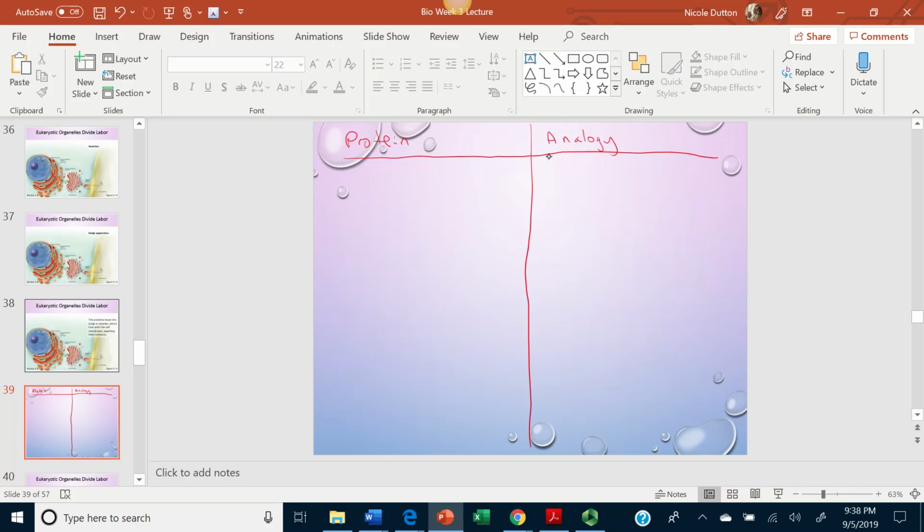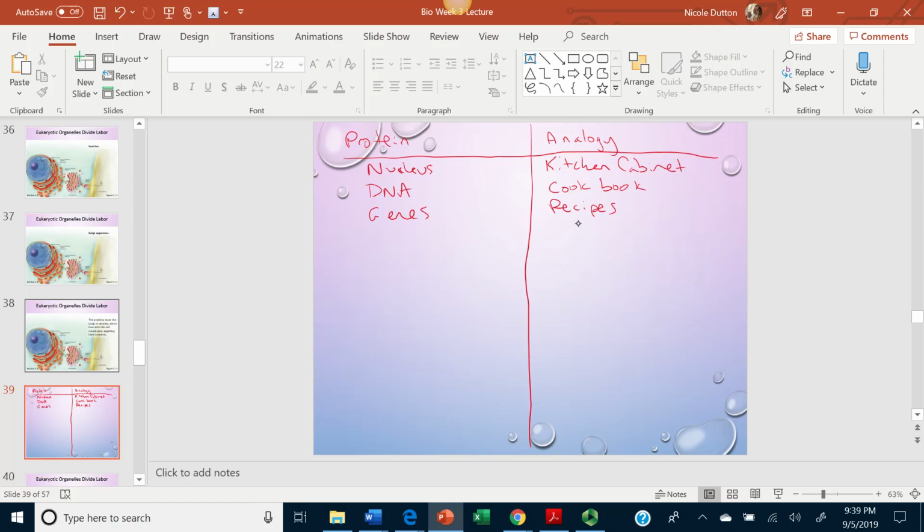So in your kitchen cabinet, in your nucleus, you have a cookbook. Or you have DNA that contains individual recipes or genes.